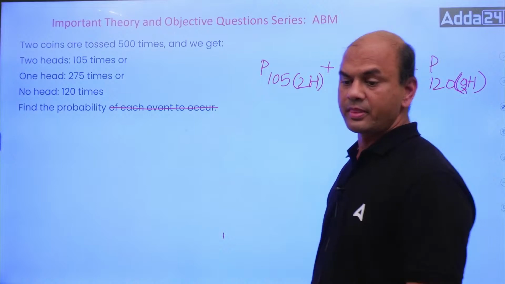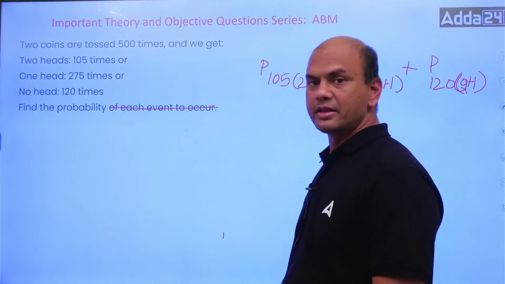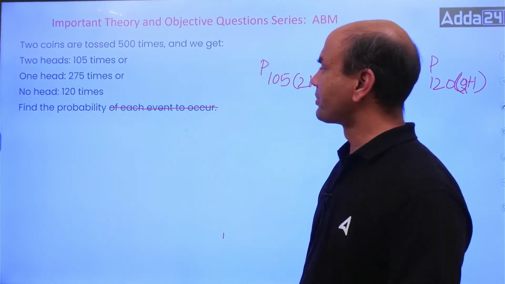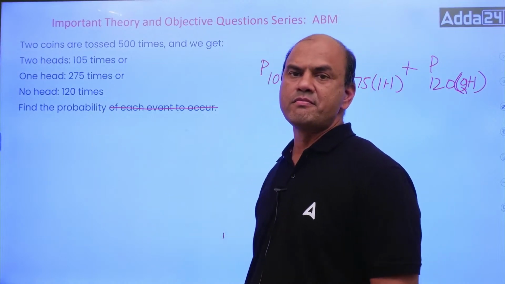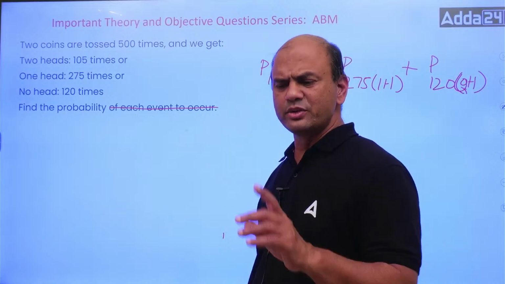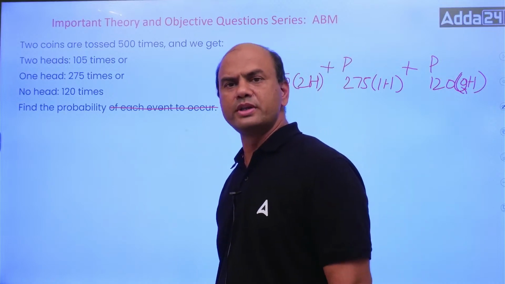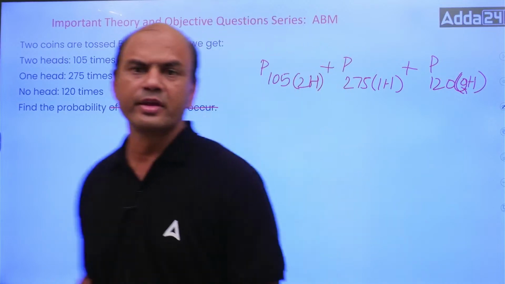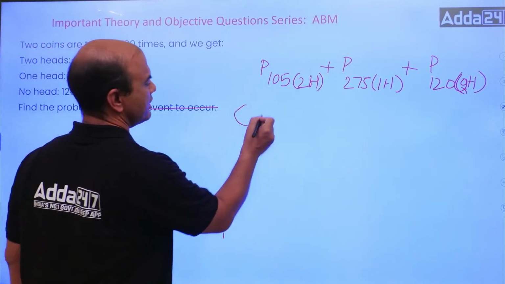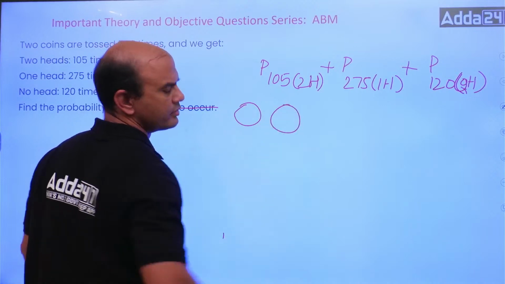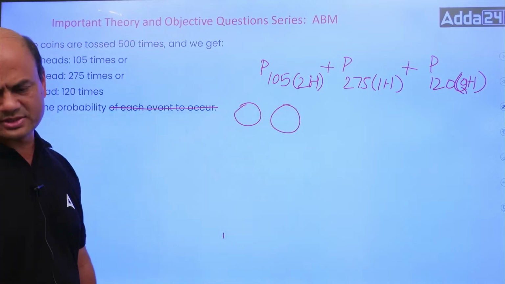What do you mean by understanding of probability? Let me show you. If I throw 2 coins, let's say only once, this is coin 1, this is coin 2.